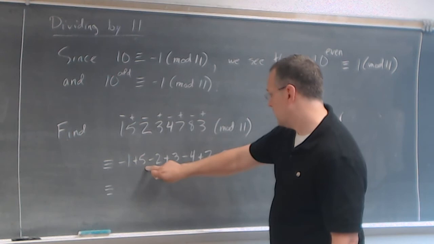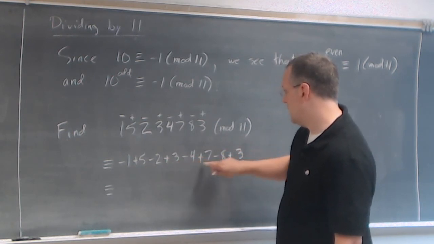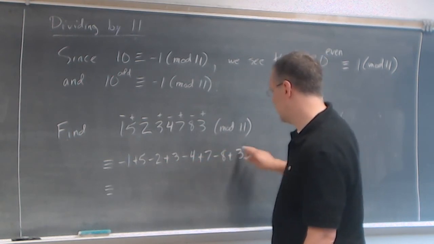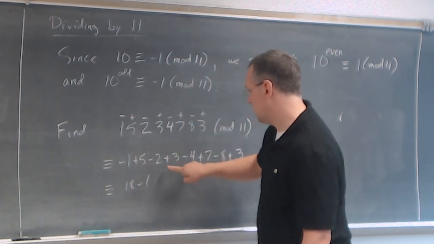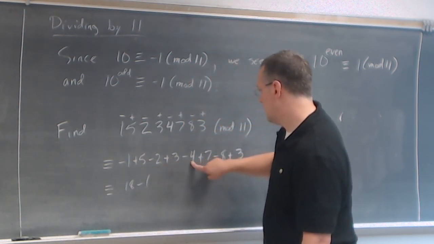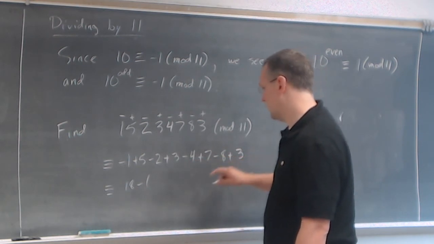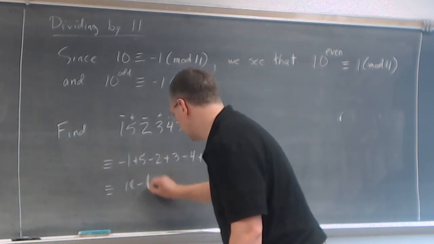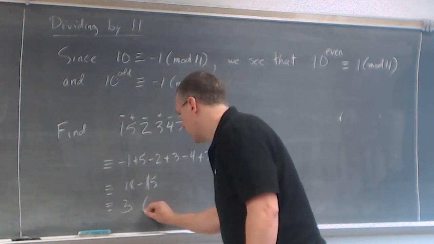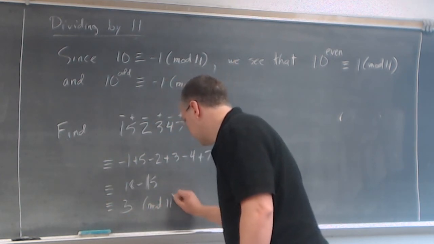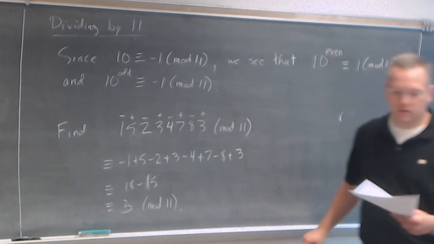Let me do it: 5 plus 3 is 8, plus 7 is 15, plus 3 is 18; minus 1 is 17, minus 2, minus 4, minus 8 gives 3. So this should be congruent to 3 mod 11. And it is, good, that's what it says on paper.